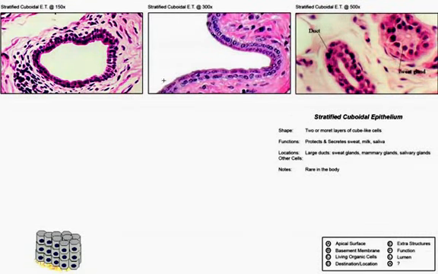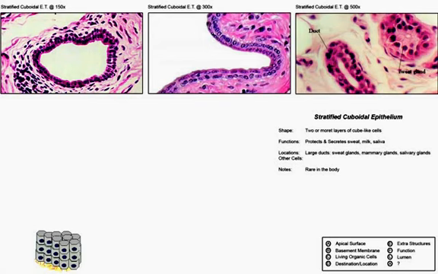These are rare examples of tissues that we're looking at here. These are stratified cuboidal or stratified columnar tubules, or in this case, the duct of a large salivary gland. It's a low magnification, but you can definitely see the multiple layering of cells that's occurring that are cuboidal here as well.